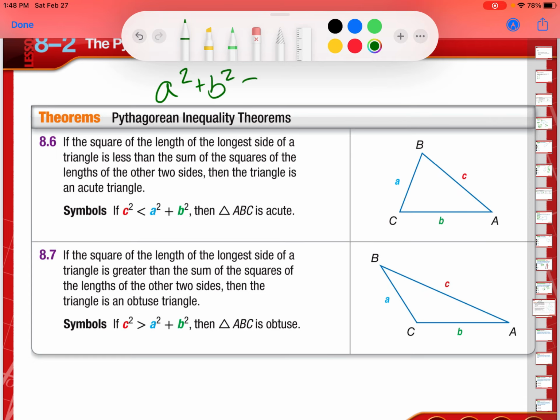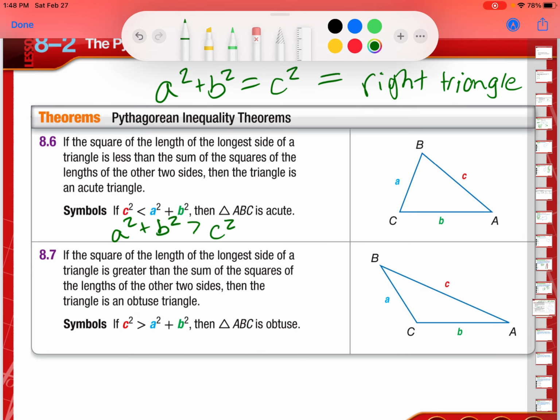essentially is that we know a squared plus b squared equals c squared. That equals a right triangle. Now, if a squared plus b squared is greater than c squared, then we have an acute triangle.